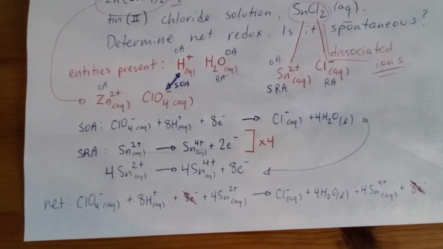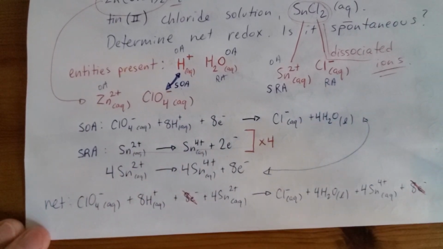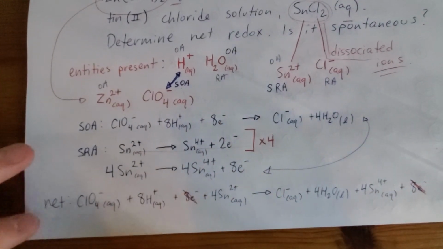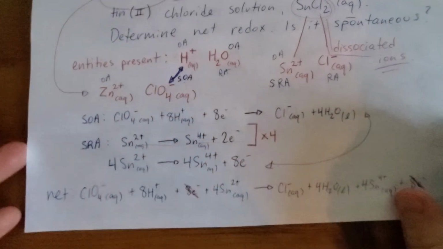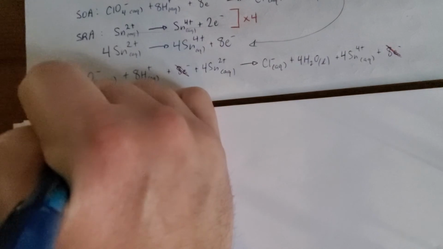There might be some other things eventually, like some water or some H's and OH's coming together. But definitely the electrons have to be crossed off because they have to be equal. That's the whole point of the previous step. Okay, let me actually finish this on a fresh piece of paper and it'll look really good. Okay, so here's our net redox.